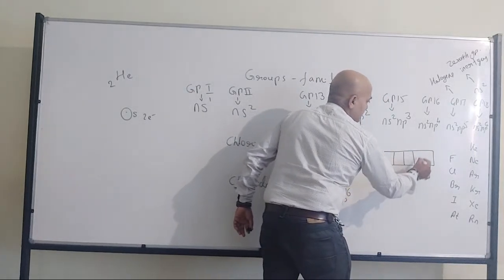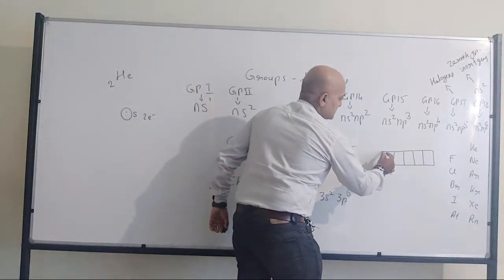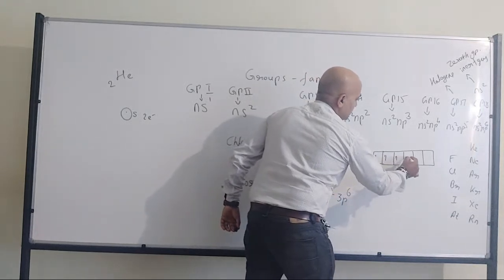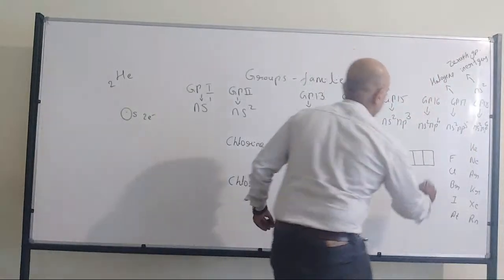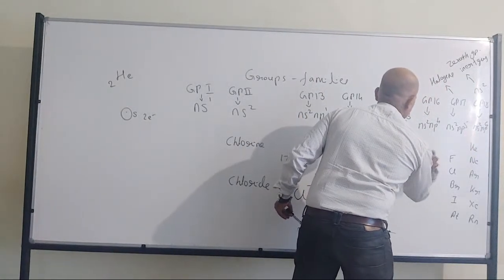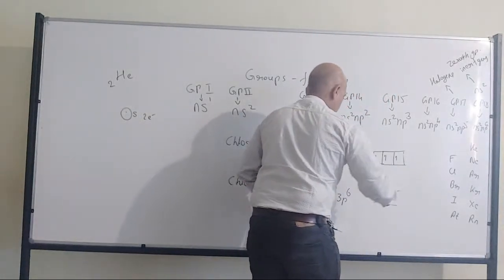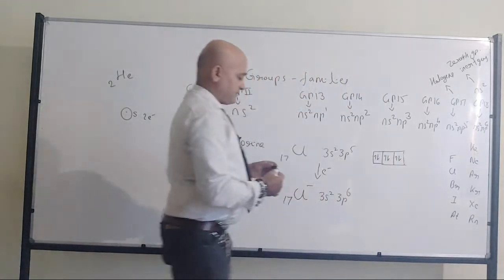There are 3 orbitals, which can hold 6 electrons, so 1, 2, 3, 4, 5, 6.